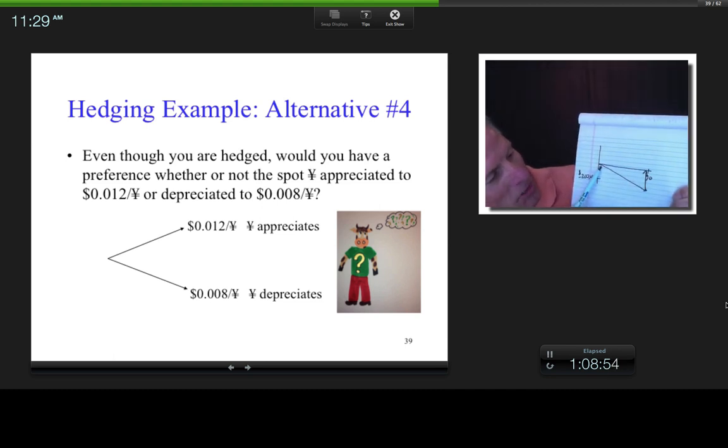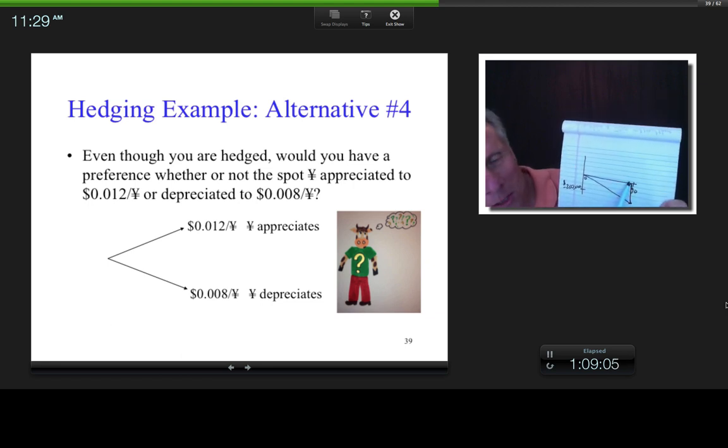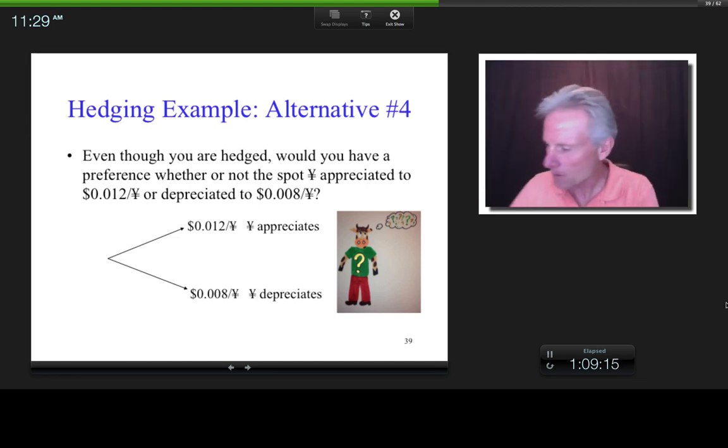By the yen depreciating on the future side, you'll have received a sum total of $200,000 over the 90 days in margin calls. And only on day 90 is that $200,000 made up with the fact that the widgets, you've locked in a favorable exchange rate. So in any case, that's futures, right? So in the end, you're perfectly hedged, right? But you prefer, obviously, that you not receive those margin calls.